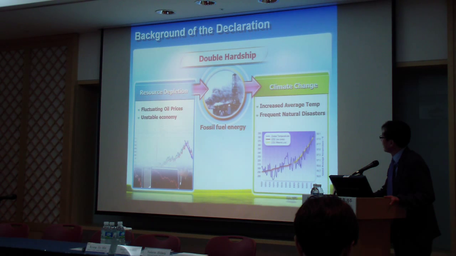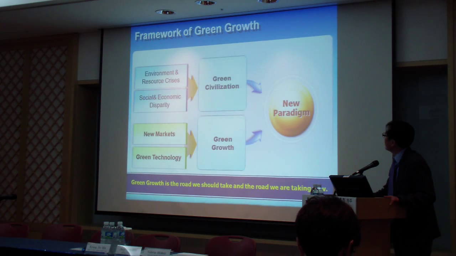Actually, green growth is based on the perception about the resource pollution and climate change caused by conventional growth. So to tackle those problems, green growth was selected by the Korean government and some policies were adopted. But green growth was criticized by many people, many scholars. That's because it does not much consider the social aspects like equity and balance between classes and regions.